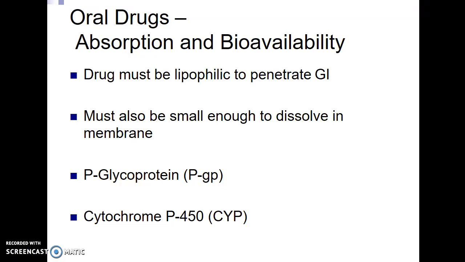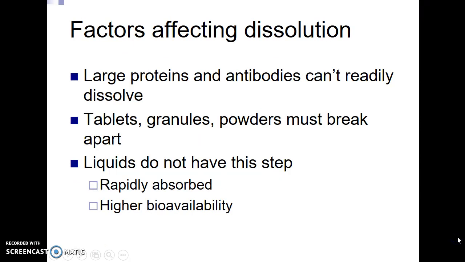But they tend to have a protective mechanism. So a drug may be affected by one or both of these systems as they move across and may be rendered ineffective if they're given orally. There are certain drugs that we can't give orally. There's one more way that drugs can be inactivated too as they're given orally, and we'll talk about that in a minute.